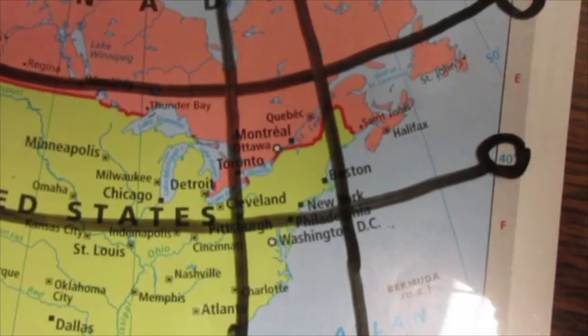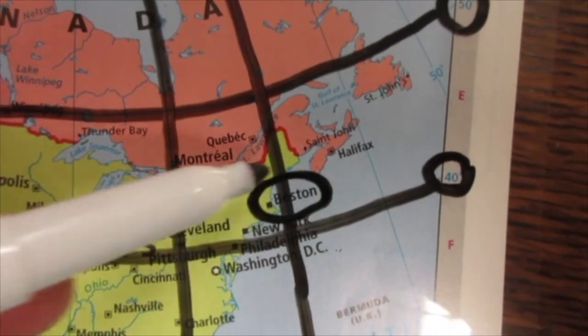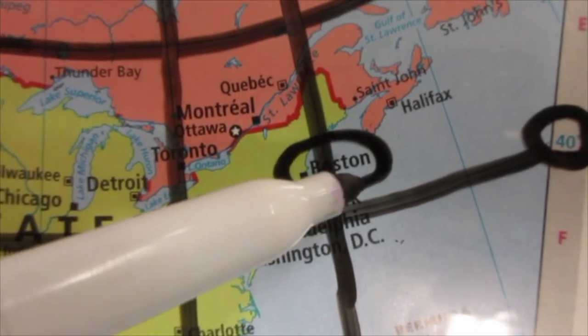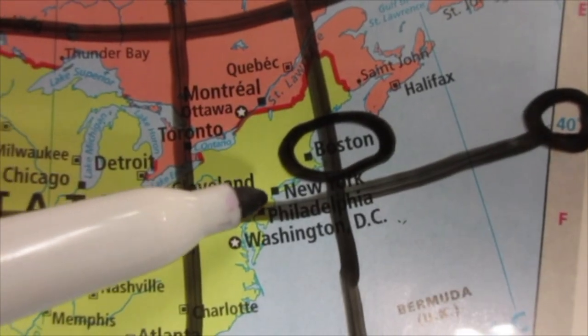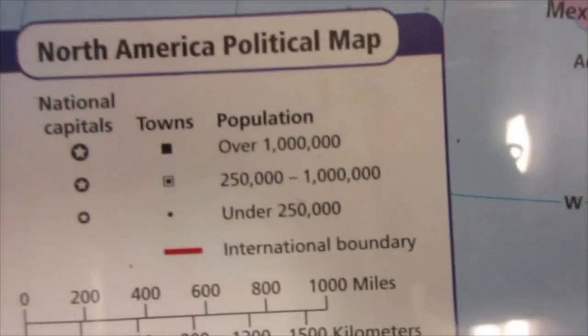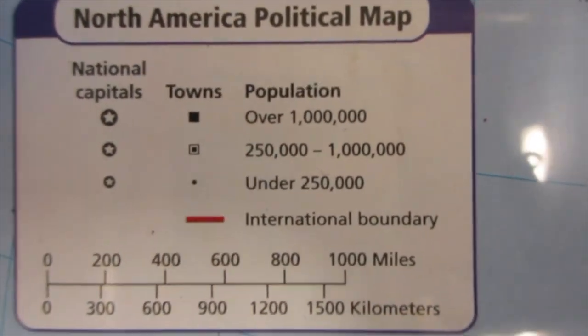And within that grid, you will note that you will find Boston. And note that the dot is where Boston is. Sometimes the name might be outside where that grid is, but you are looking for the square. And as I look down at my legend, I see that a square represents a town or a city.